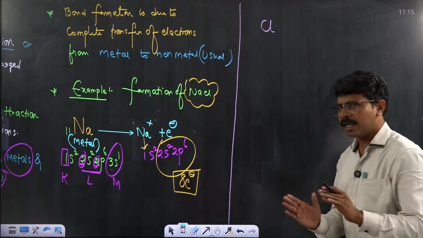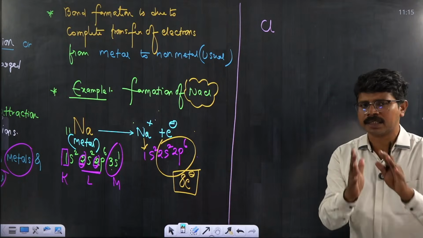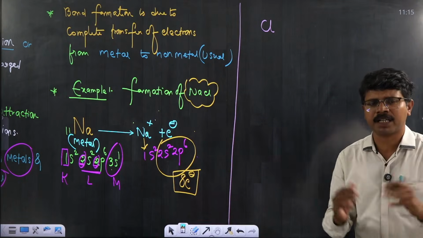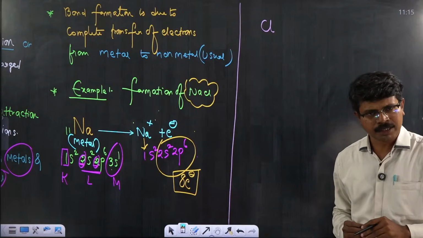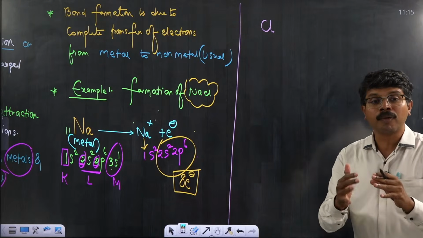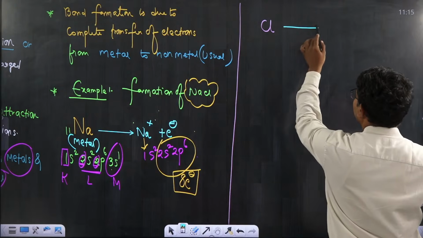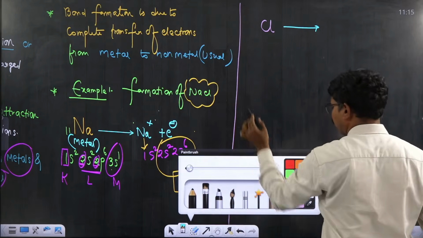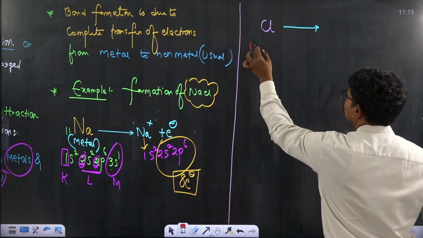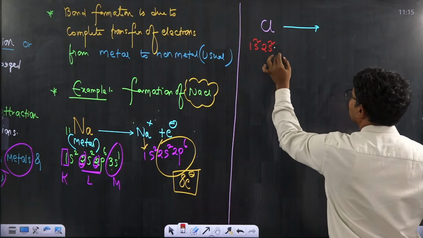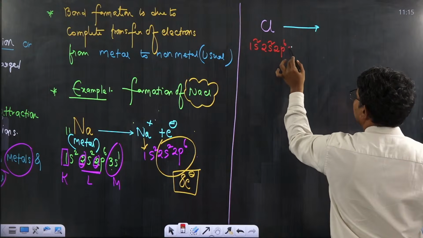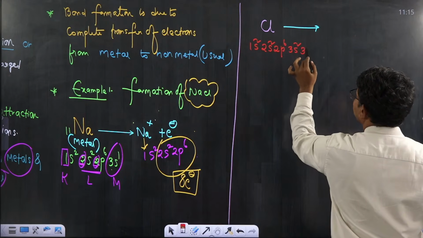You need to have a basic idea about how NaCl is formed, but a detailed explanation of NaCl formation involves various thermodynamic processes. Now, the electronic configuration of chlorine is 1s2, 2s2, 2p6, 3s2, 3p5.